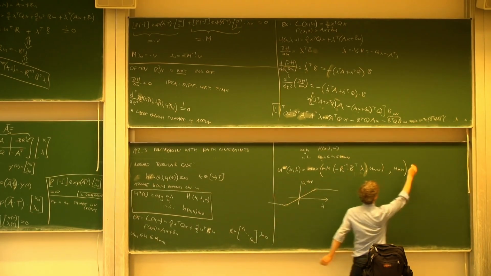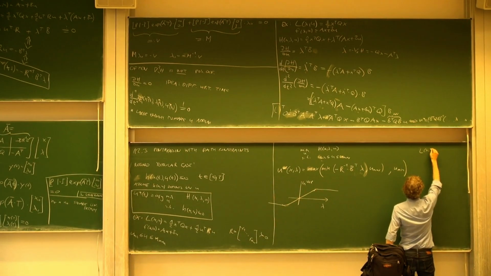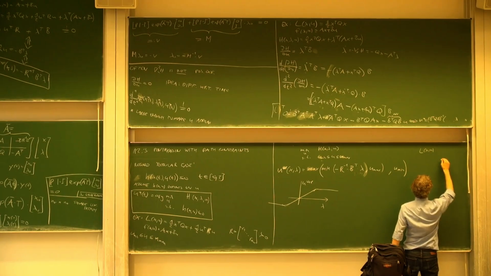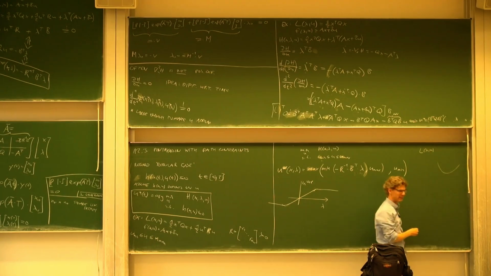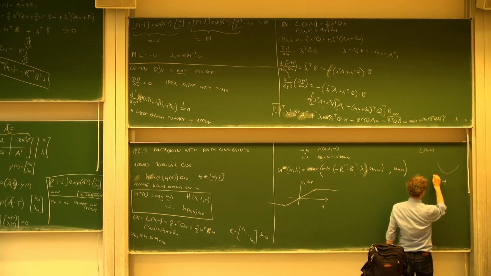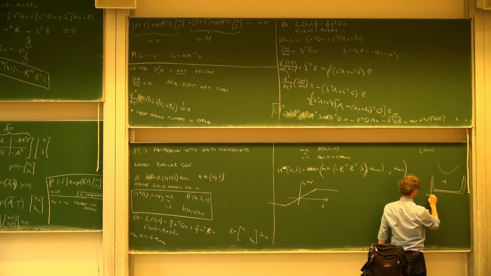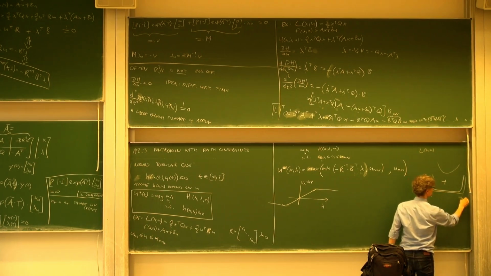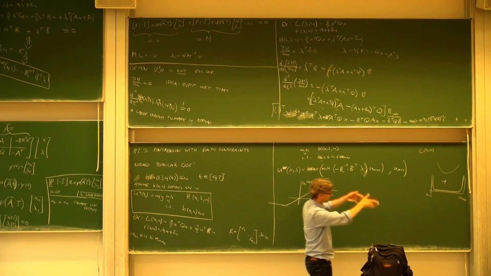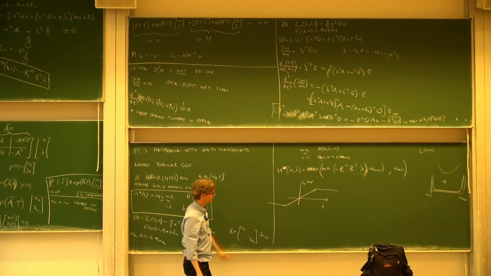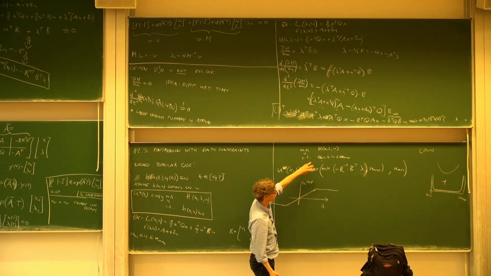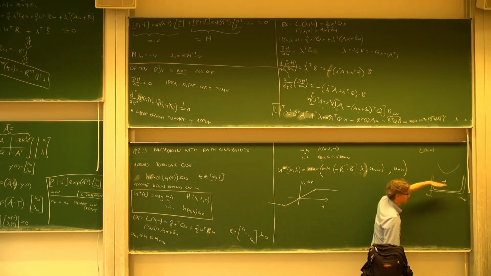You could just think of this L of x and u as having the usual quadratic term that we just had, plus a barrier that penalizes everything that's out of bounds. So here would be u min and here is u max. If you make a smooth barrier, then you basically get an explicit solution, but it would be very tedious to write down because these would be logarithmic barrier terms.